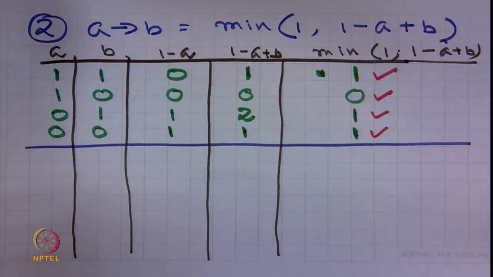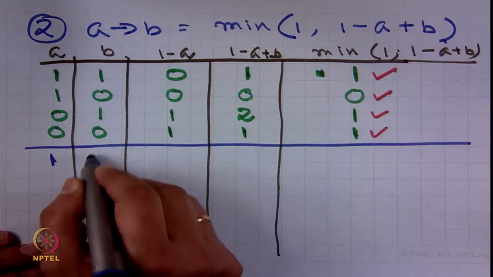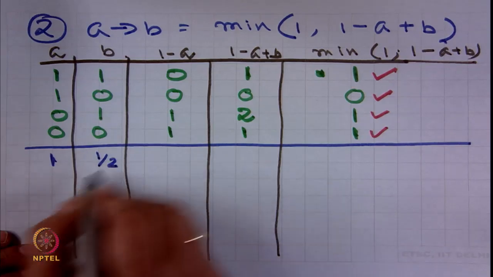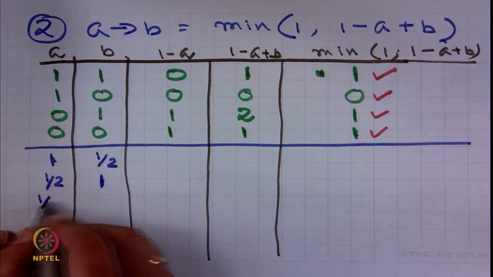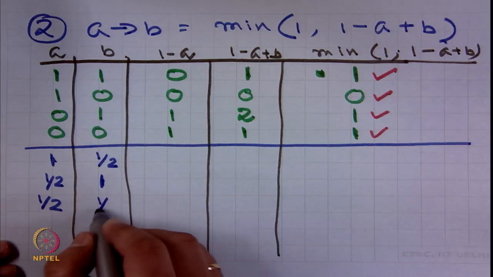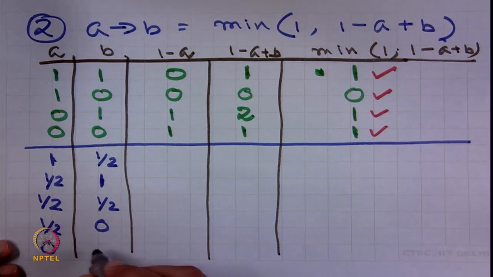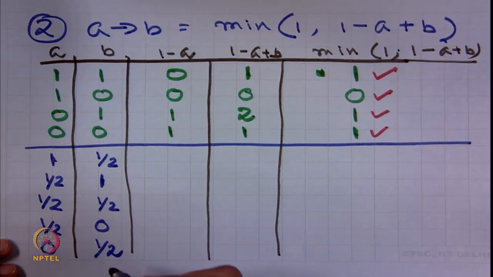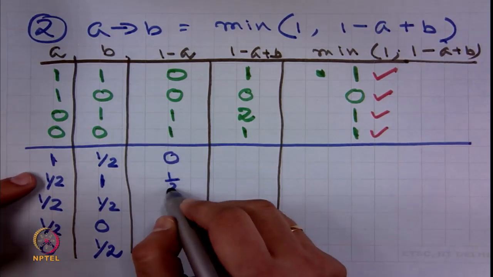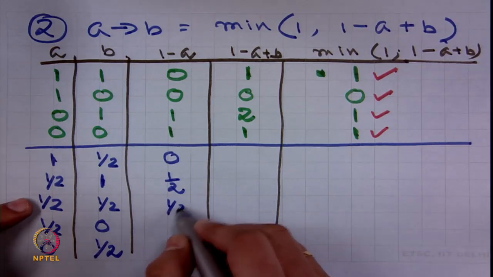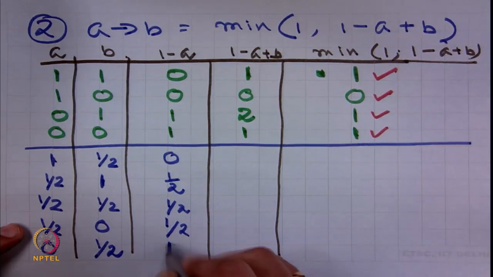What happens for the other 5 pairs, namely 1 and half, half and 1, half and half, half and 0, and finally 0 and half. Therefore, 1 minus A is equal to 0, half, half, half and 1.